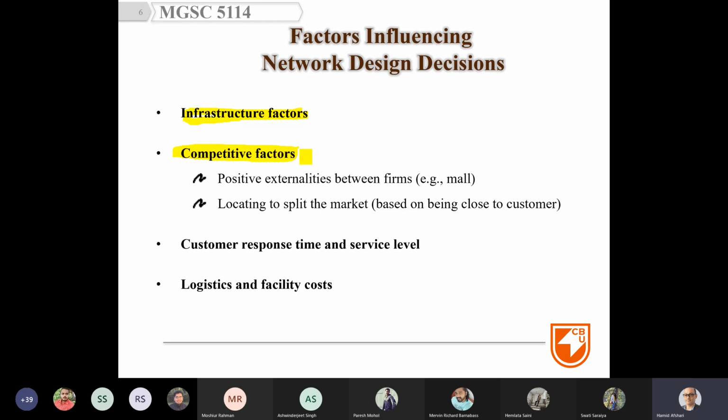Competitive factors, okay? This is a very important topic as well. Please pay attention to this one. Competitive factors come into play when you are trying to compete with your rivals. In this case, I want to introduce a new term, which is called positive externalities. Sometimes you believe that if you establish a facility close to your rivals, it will add value.